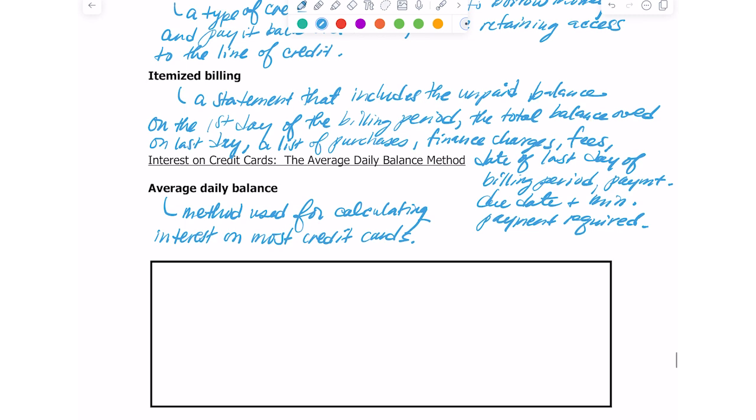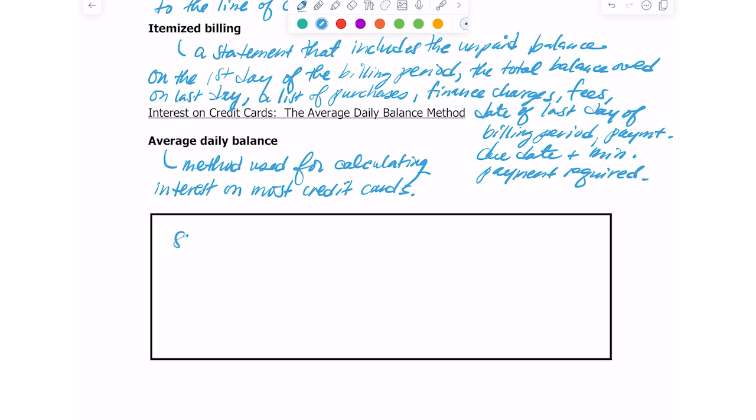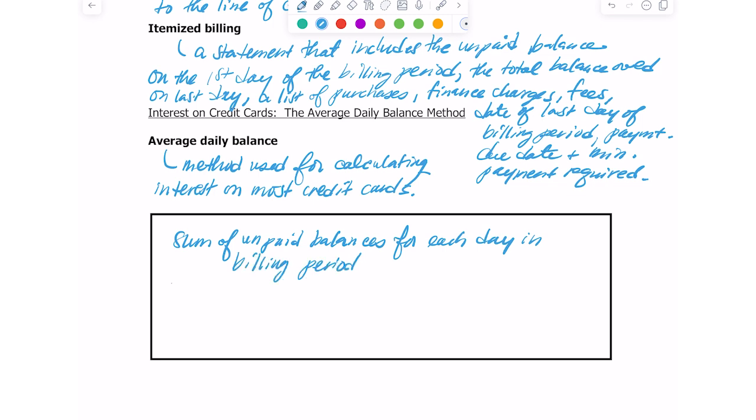And the way we do that is we take the sum of the unpaid balances for each day in the billing period, and we divide that by the number of days in the billing period.